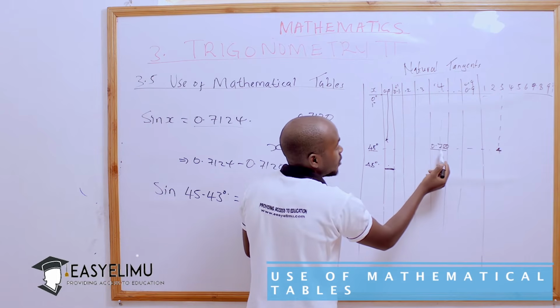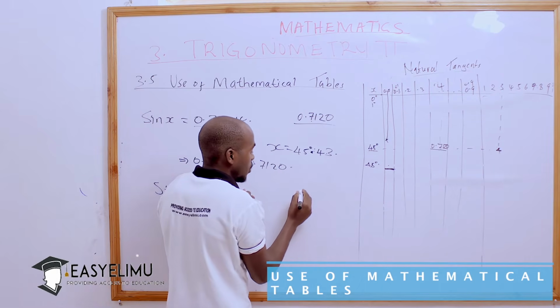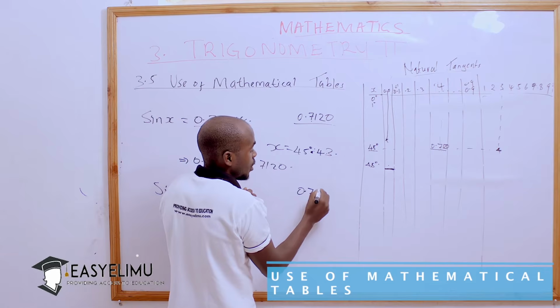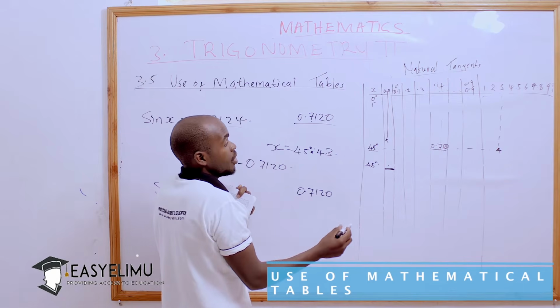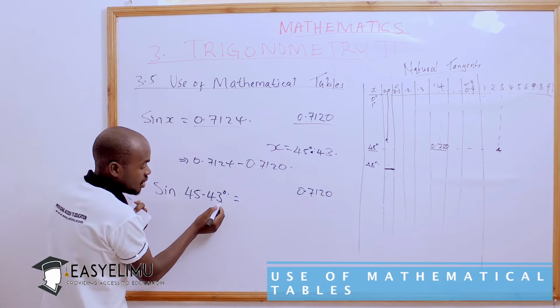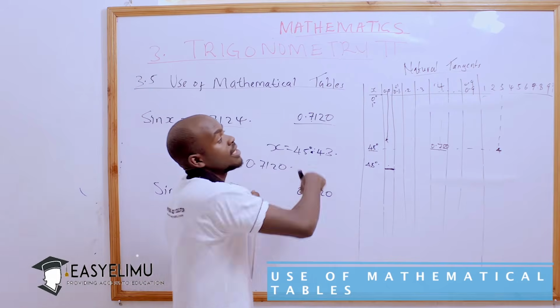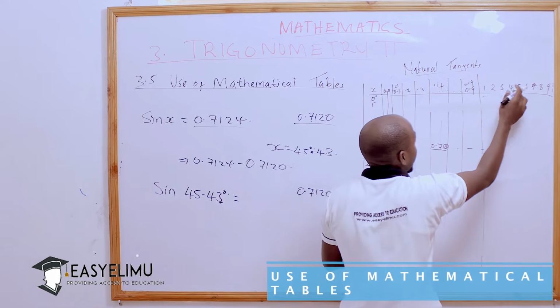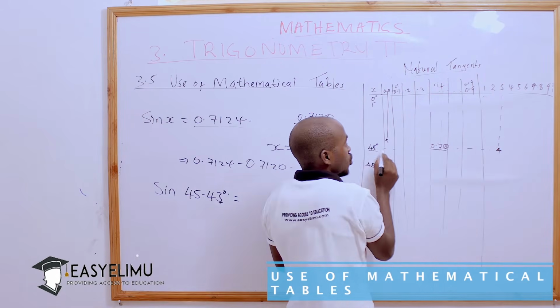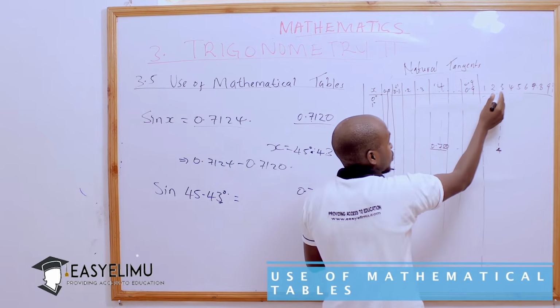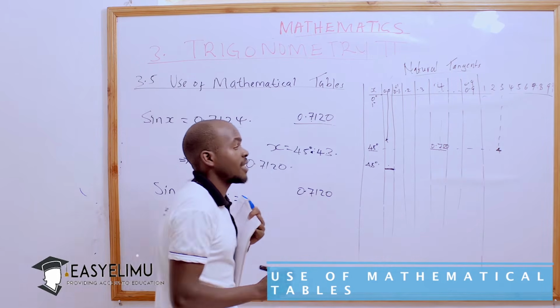So you will find 0.7120. Then you move to the last digit, which is 3, and it is in the last column of the last table. So you move up to 3. You find where the two coincide. You will find it's at 4.